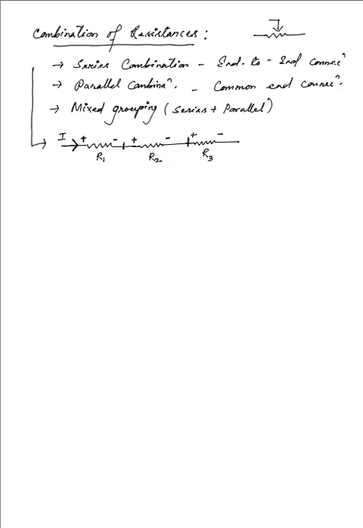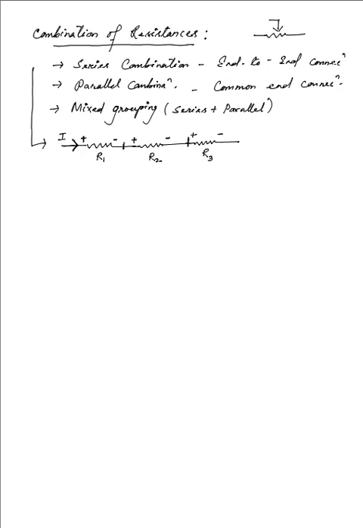Now in each case, because this is a single conducting wire which has been considered in sections as I have represented them, the current in that wire remains the same across each resistor or each resistance.